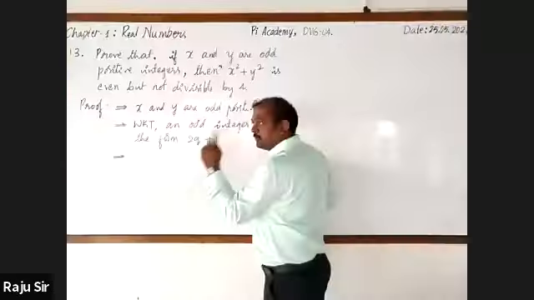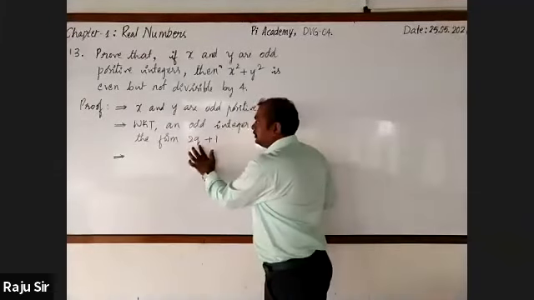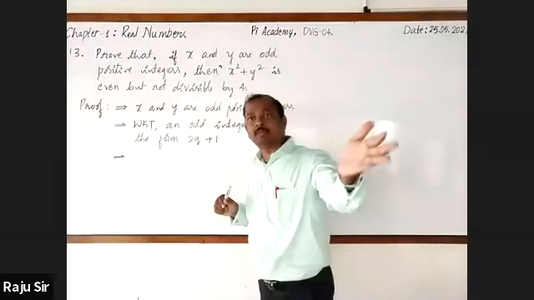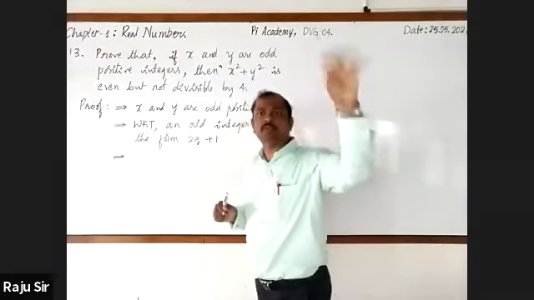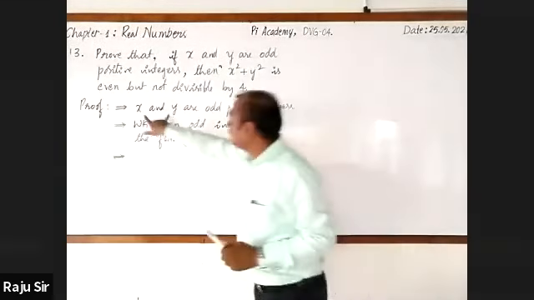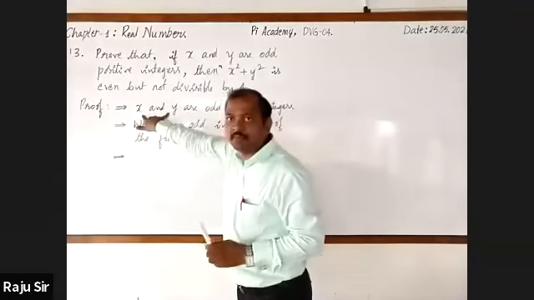Dear students, please remember, here we have taken 2q plus 1. You may also take 4q plus 1, 6q plus 1, 8q plus 1. They are all odd numbers only. Here we have two odd positive integers.